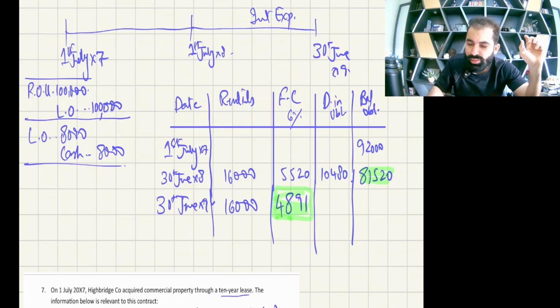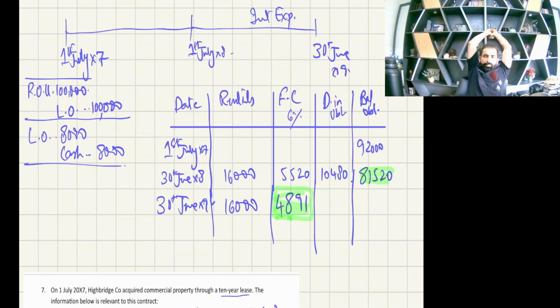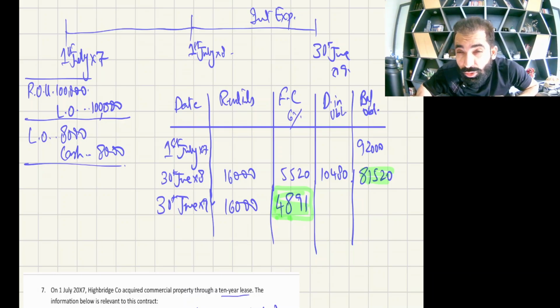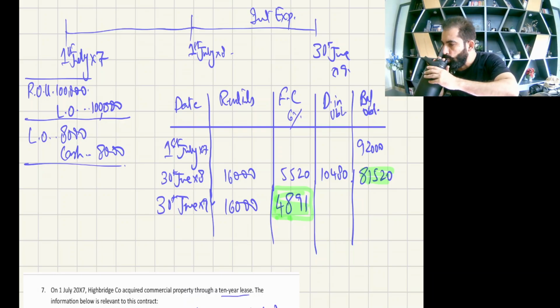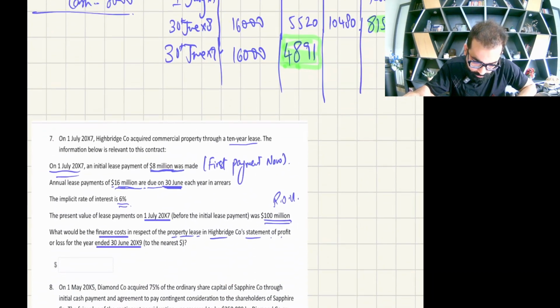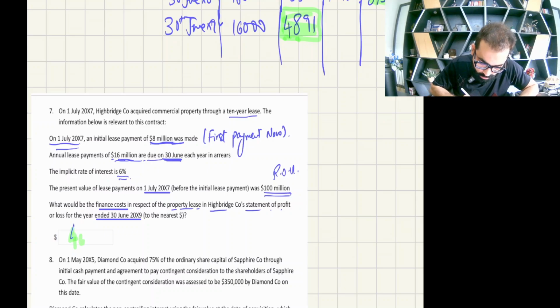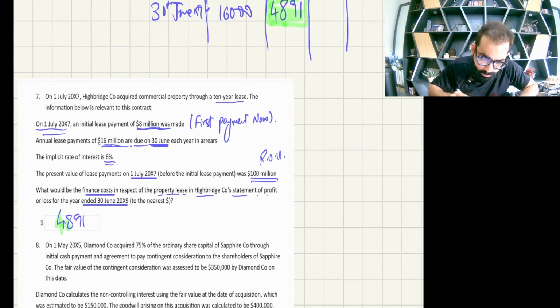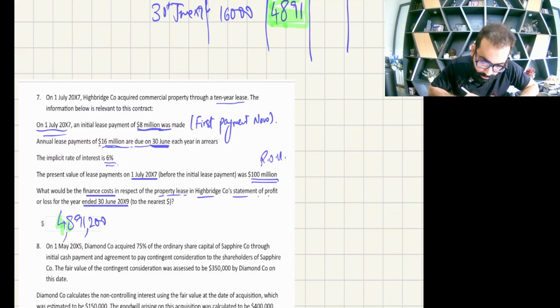This is the finance cost of second year. Now be active. 4,891.2 means 4,891,200.